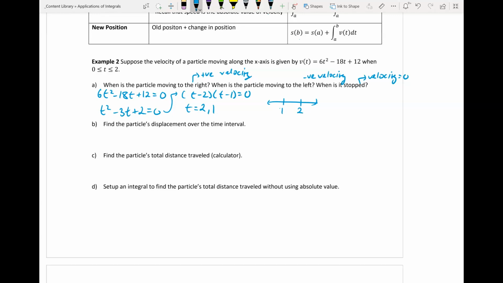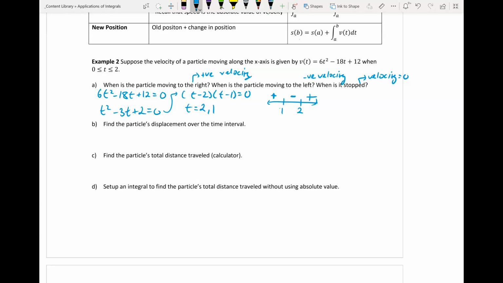So if I plug in, let's just say 0, we're going to get a positive number because that's going to be negative 2 times negative 1. If I plugged in 1.5 into our v of t, I'm going to get a negative. And if I plugged in, let's say, a 3 into our v of t, we're going to get 1 times 2, which is a positive number.